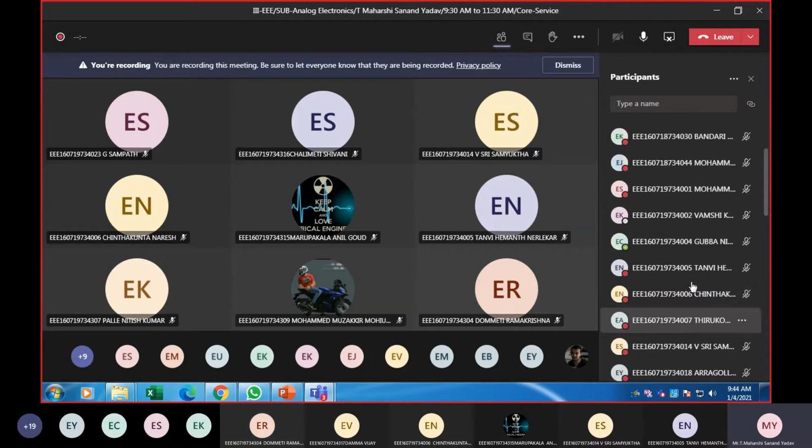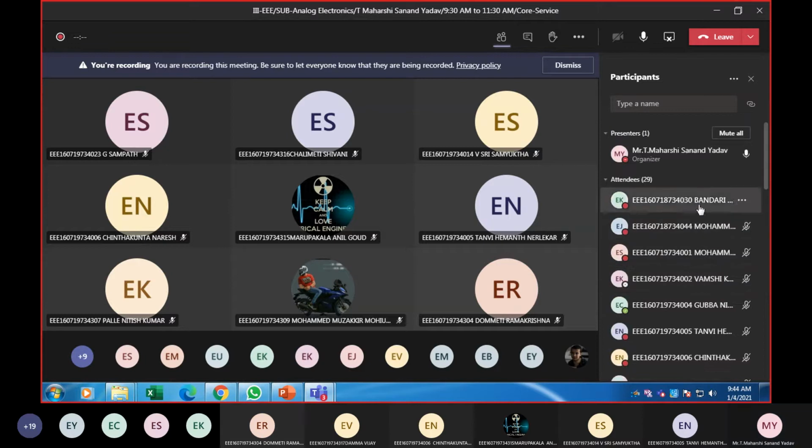What you understood in the last class? Approximate parameter is easy compared to H parameter. How will you identify?